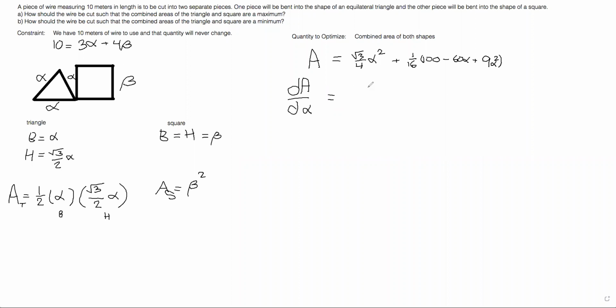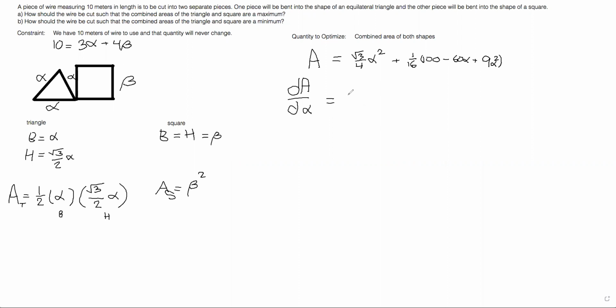I invite you to pause the video right now, take the derivative yourself, and then see if you get the same thing I got for my derivative. When I did this problem, I got this as the derivative. And by the way, this is simplified.